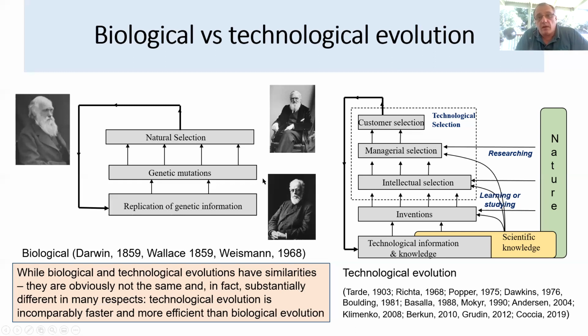And in the same way, most good inventions in general are not used by society. So only some inventions are selected and form a basis for improved technology or for a new level of technological development.